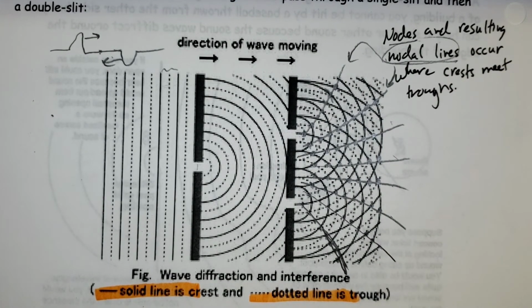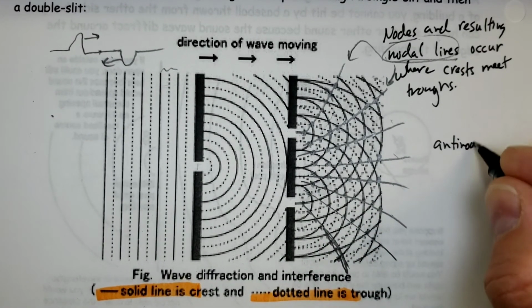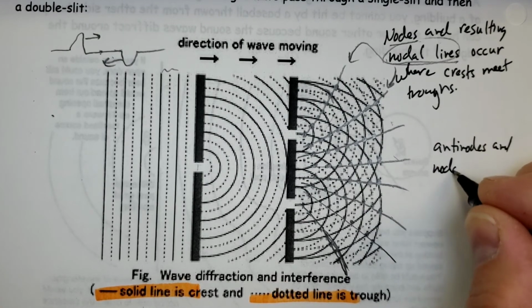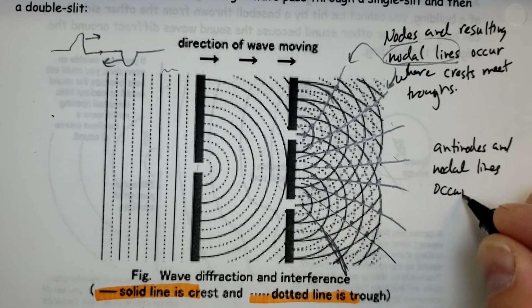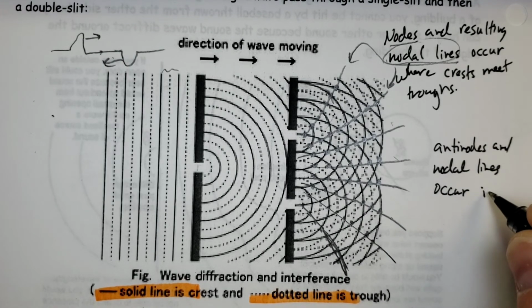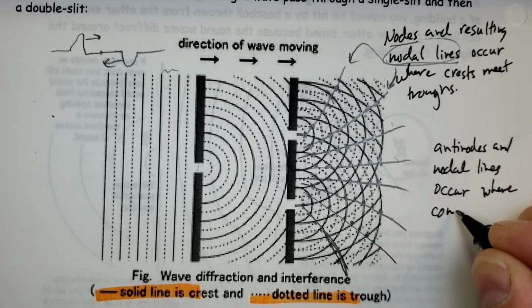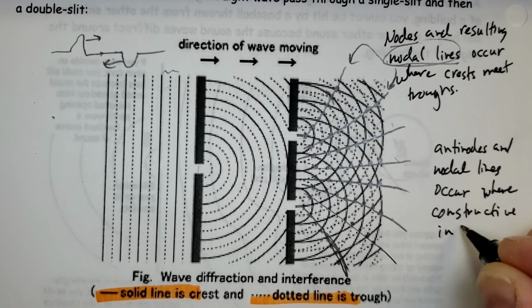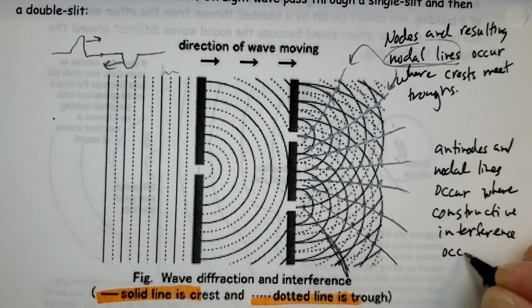And we can even further say that antinodes and nodal lines occur where constructive interference occurs.